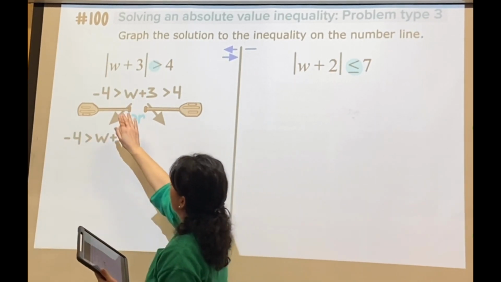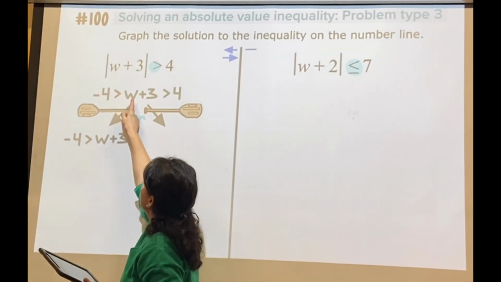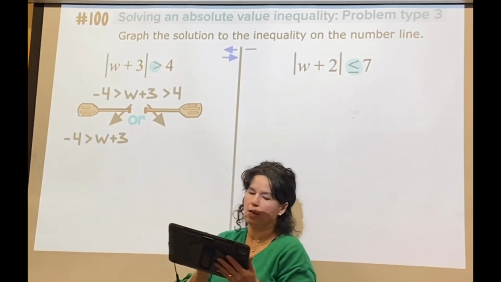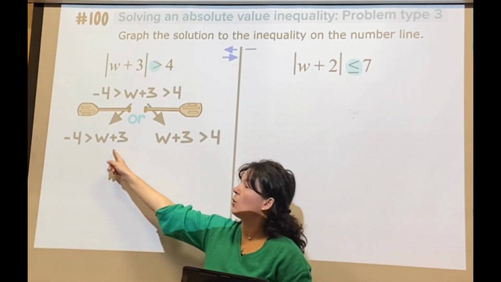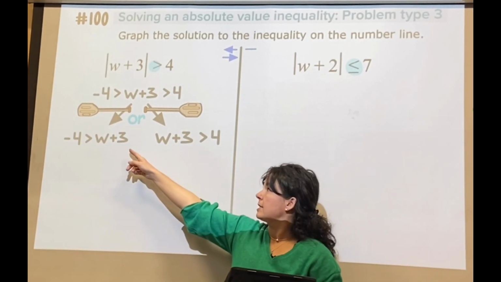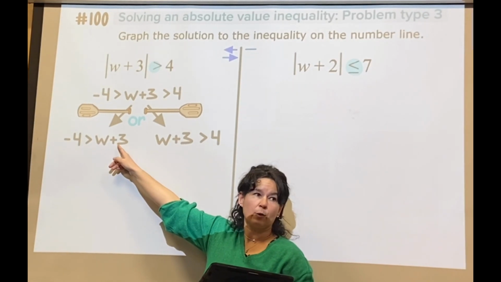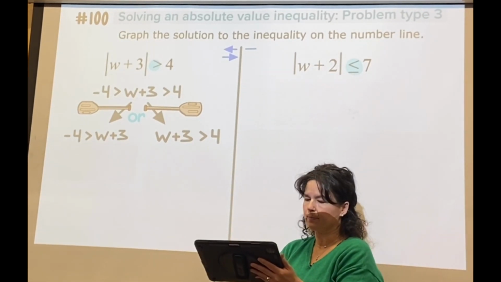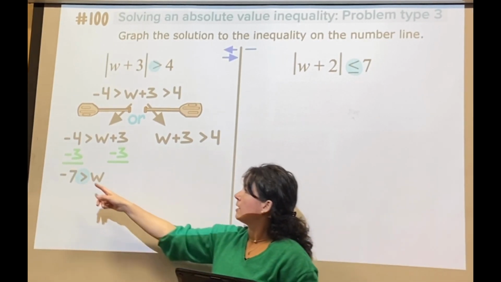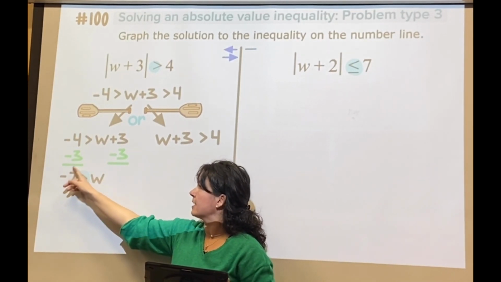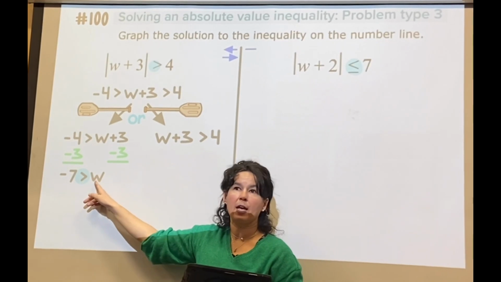And then I'm going to cover up this one and write W plus 3 is greater than 4. I have 2 inequalities to solve. To get W by itself, I'm going to subtract 3 from both sides. And so negative 4 minus 3 is negative 7. I have a greater than W.